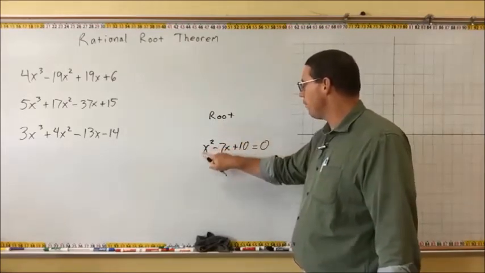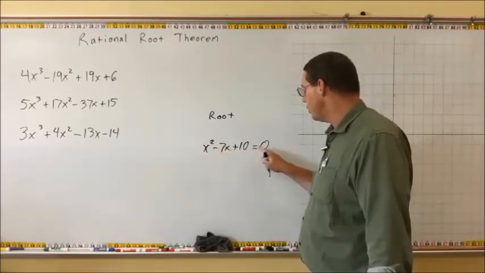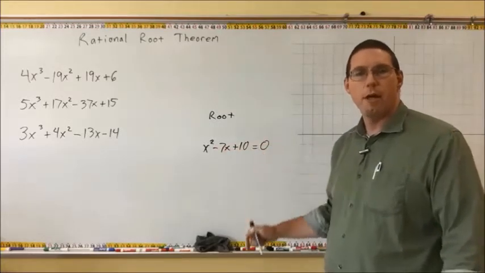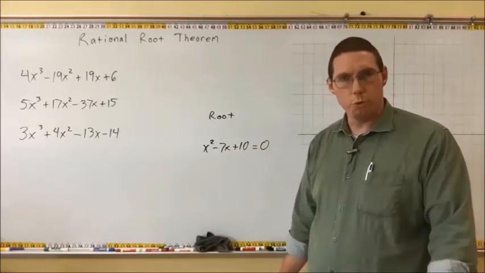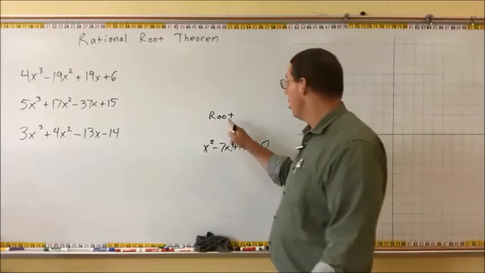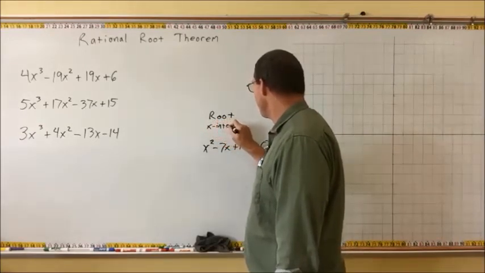So any solution for x that would solve a quadratic equation when it is equal to 0 is called a root. Okay, so a root is also the same thing as an x-intercept. A root is the same thing as an x-intercept.